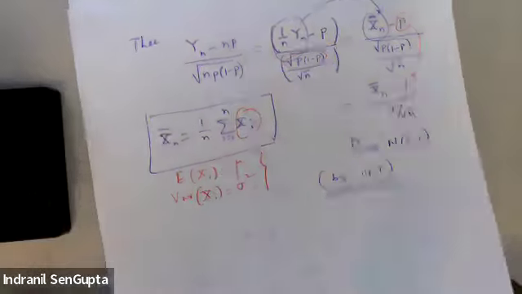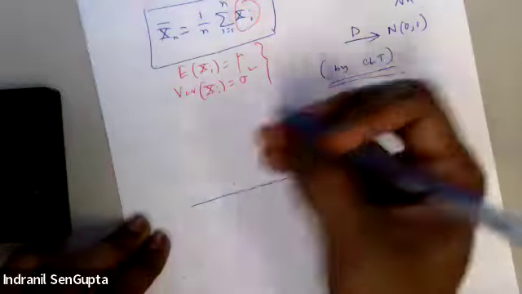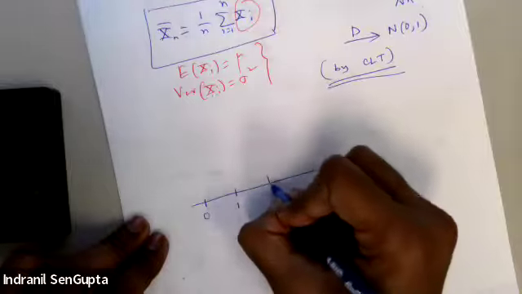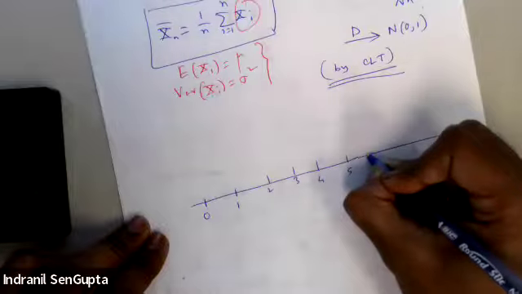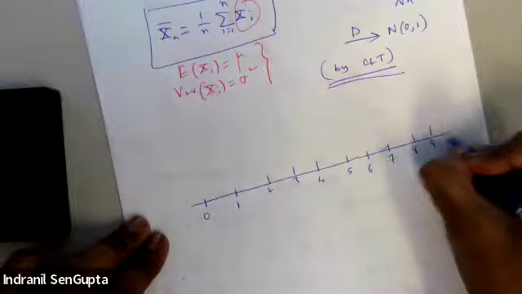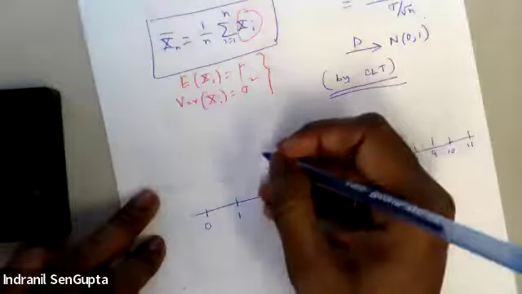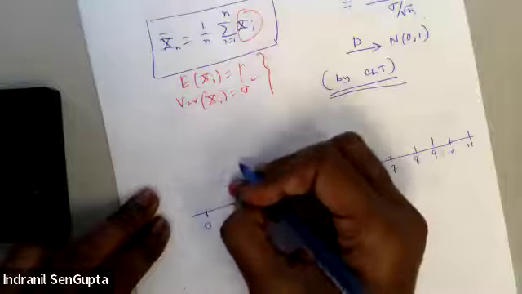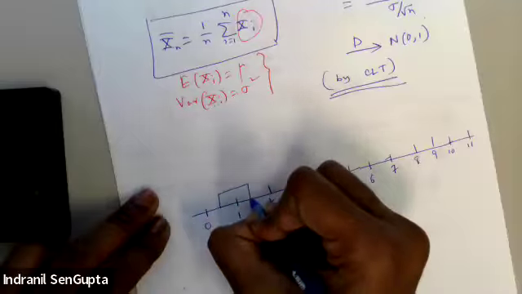Now, typically, if I have a histogram for the binomial distribution, say with values 0, 1, 2, 3, 4, 5, 6, 7, 8, 9, 10, I'm just drawing a distribution for the binomial case. Remember, histograms for the binomial distribution are drawn this way, something like this.